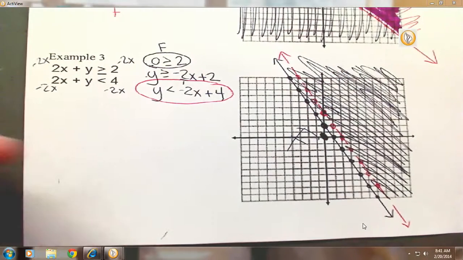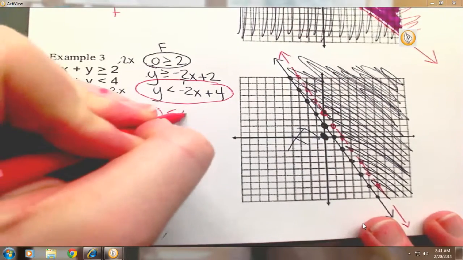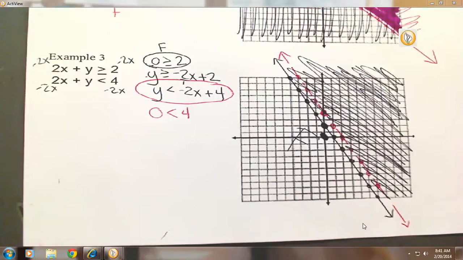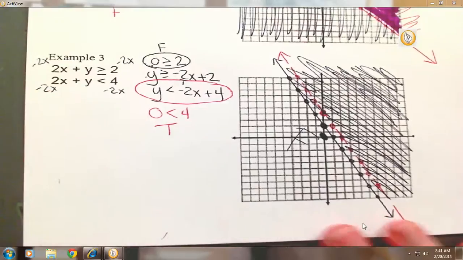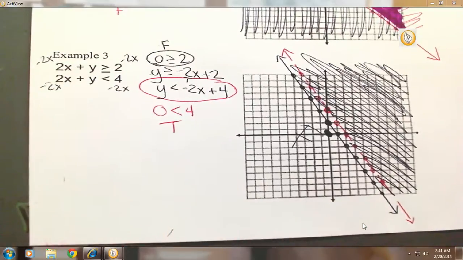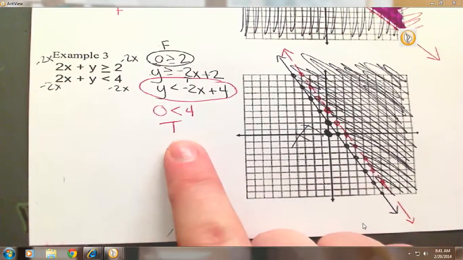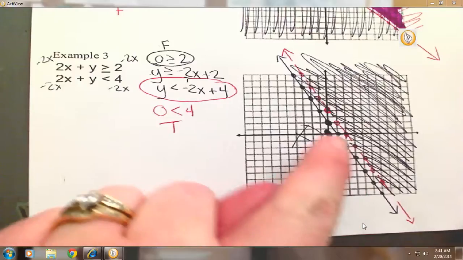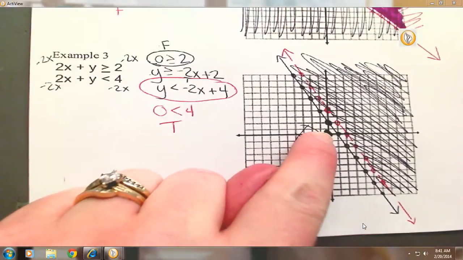Let's test our ordered pair. Is 0 less than 4? Yes. Is that true? Yeah. Okay, so stop me if I get confusing. If I put 0, 0 in, we said that was true. It might be helpful to put your finger at 0, 0 on your graph to help you think through.